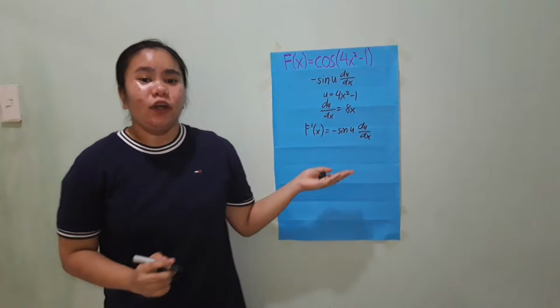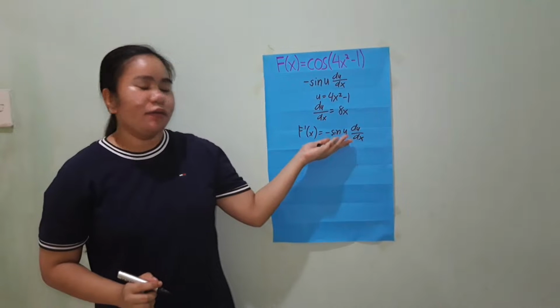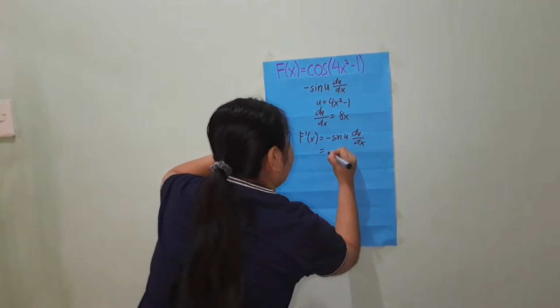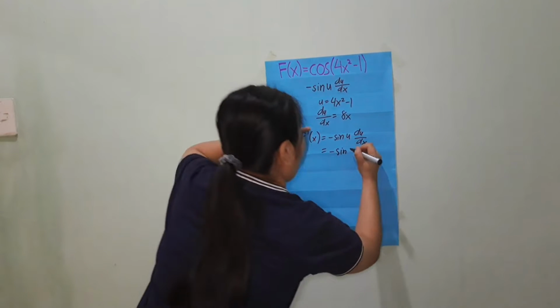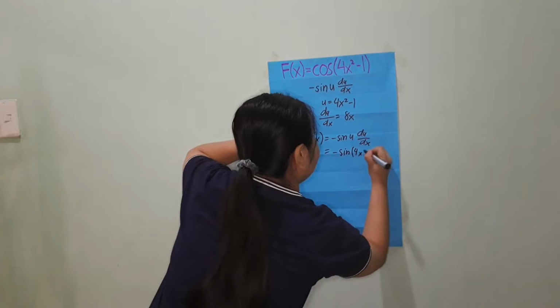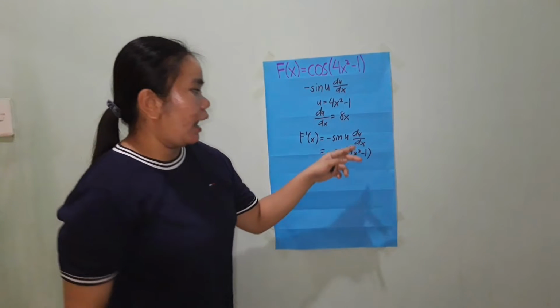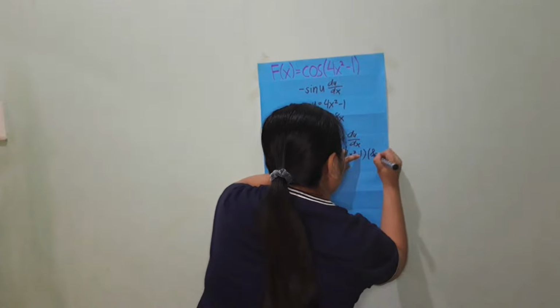So, sa ganitong paraan, ating isa-substitute lamang ang given sa bago nating formula. So, magiging equal to negative sine, ang ating u is 4x squared minus 1, tapos, ang ating du dx, which is the 8x times 8x.